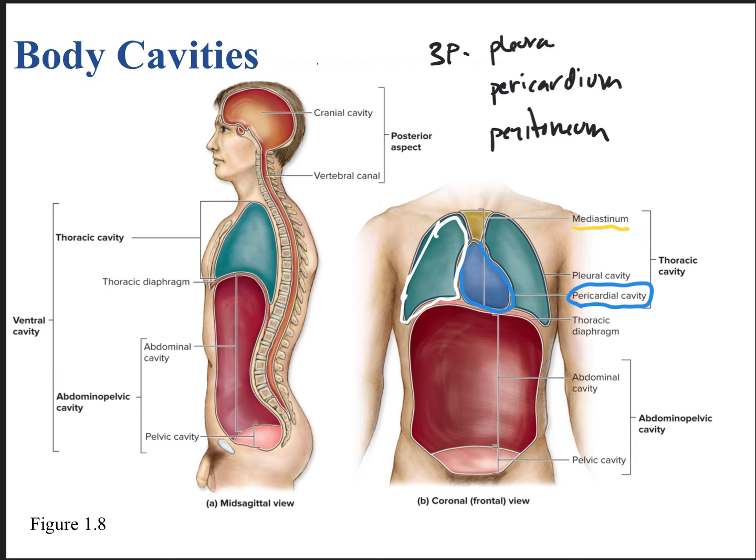Peritoneum, it's in the abdominal pelvic cavity. Okay? Identify the specific serous membrane layer that you would find lining the lungs. Are we talking about the wall or the organ? The organ. So if it's the organ, it's called the visceral, and it's the visceral pleura. Does that make sense? Okay.